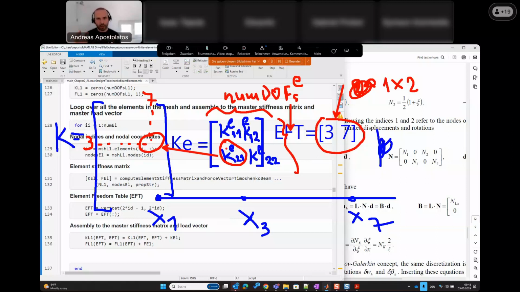And they're sequential, right? So they start from 1 and they go to the number of the nodes per element. And then we have also the numberings of the global stiffness matrix, which are different, right? Because the global has more nodes, right? And now we need to answer ourselves, where do these entries go on the global level, in the global stiffness matrix? To answer this question, we need the element freedom table.